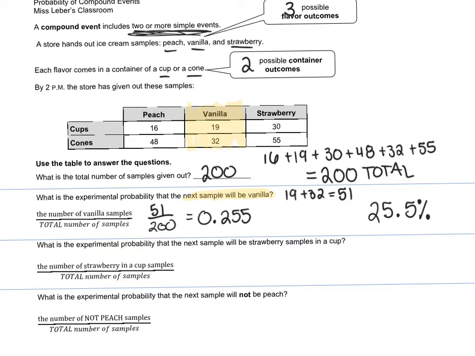Now this one again gets a little specific. It says, what is the experimental probability the next sample will be strawberry samples in a cup? So I'm looking for strawberry in a cup. So I see strawberry in a cup would be right here. I'm not looking for strawberry in cones, not looking for peach in cones, I'm looking for strawberry in a cup. So again, using that chart to help us out. So I saw that there were 30 strawberry in a cup samples, again, out of our total, which is 200.